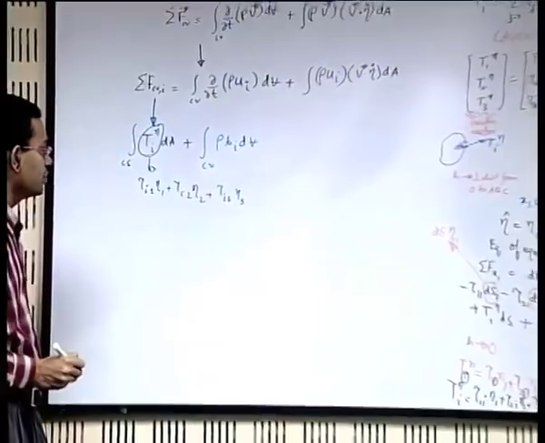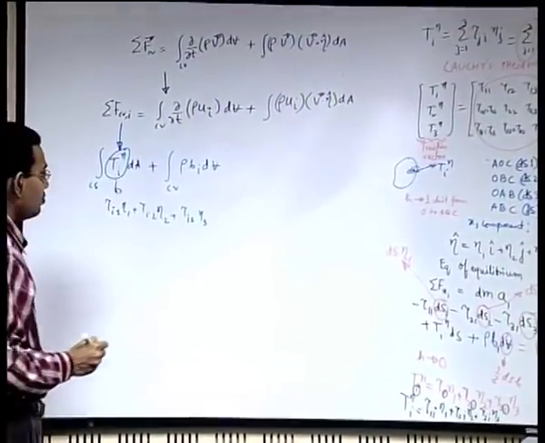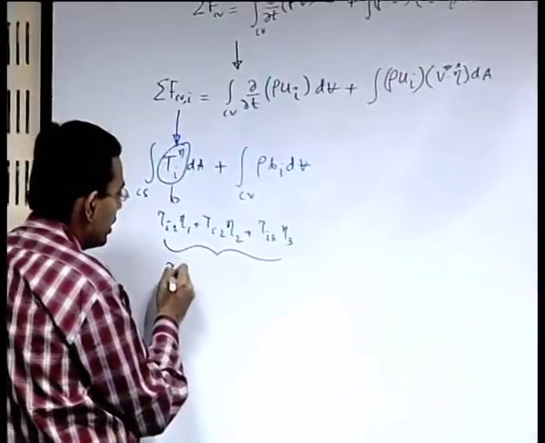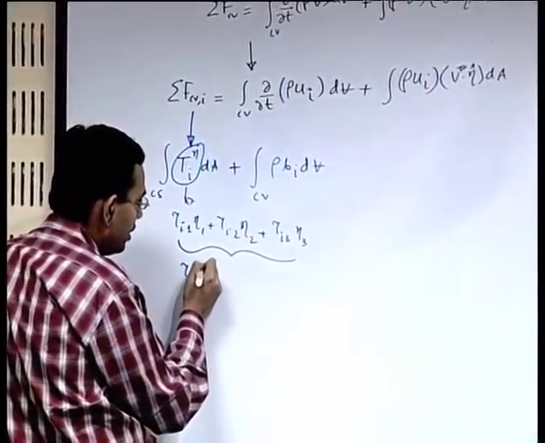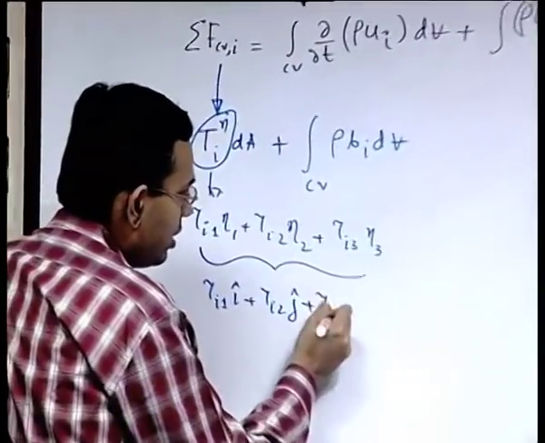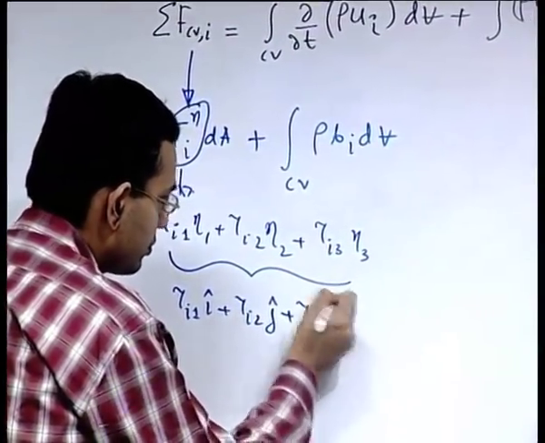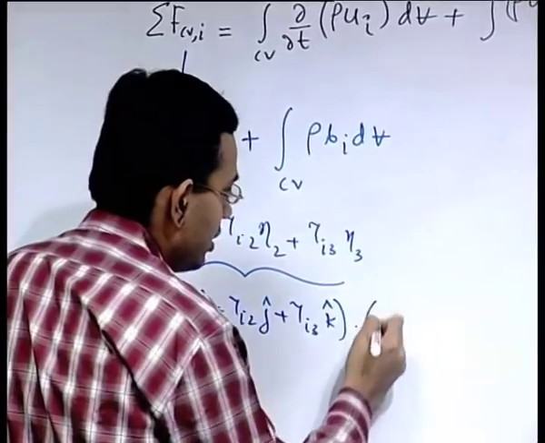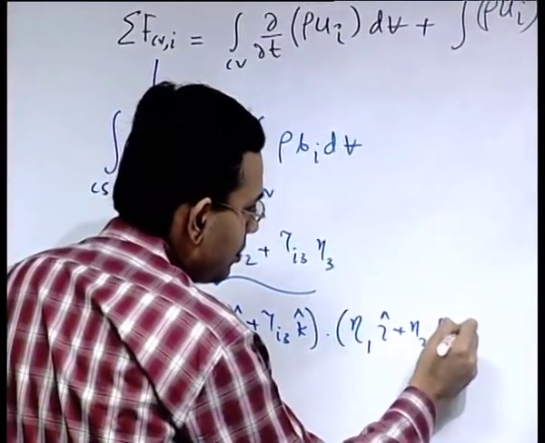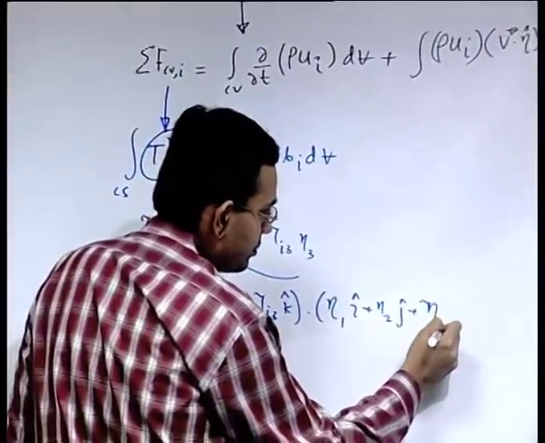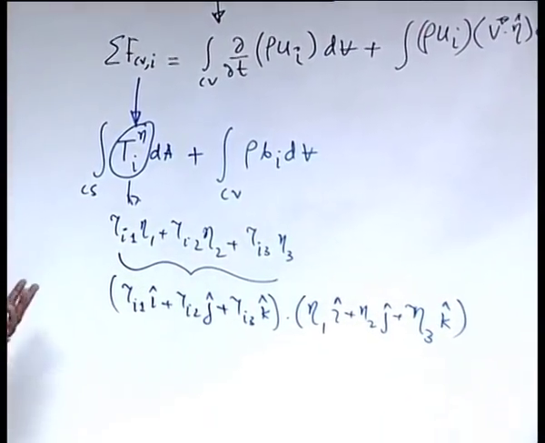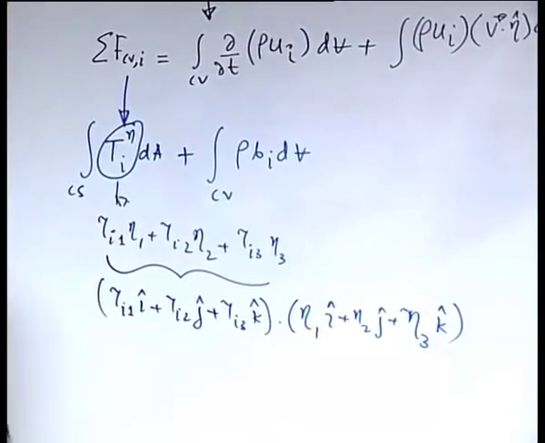So, we can write this in terms of a dot product of two vectors, (tau i1 i plus tau i2 j plus tau i3 k) dot (eta 1 i plus eta 2 j plus eta 3 k). We can just make this vector by taking a dot product of these two.